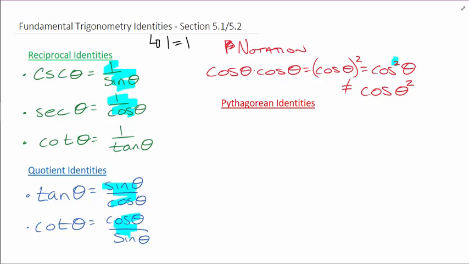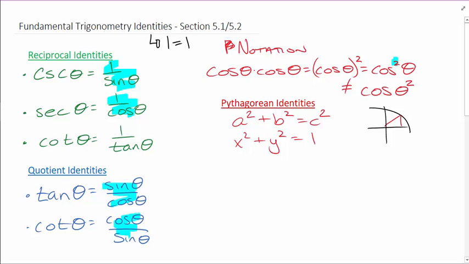For Pythagorean, what comes to mind? The square of a leg plus the square of another leg equals the hypotenuse squared when we're talking about a right triangle. If we go back to our unit circle, when we put a right triangle inside, we were able to simplify for this triangle inside the unit circle that one of the legs was x, another leg was y, and the hypotenuse was 1.